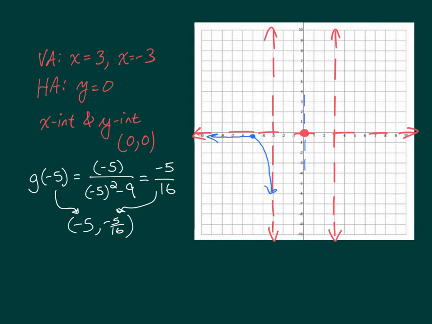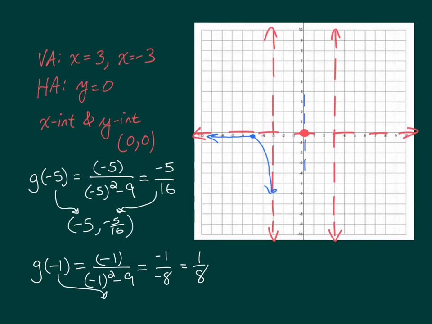And when you do that, say you substitute in negative 1. So down here we'll do some work. g of negative 1 equals negative 1 over negative 1 squared minus 9. And when it gets simplified down, that becomes negative 1 over negative 8, which is 1 over 8. So the ordered pair is our input, negative 1, paired up with our output, 1 over 8.